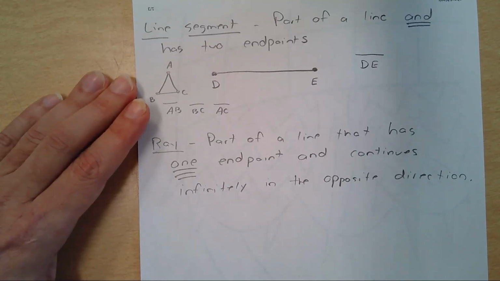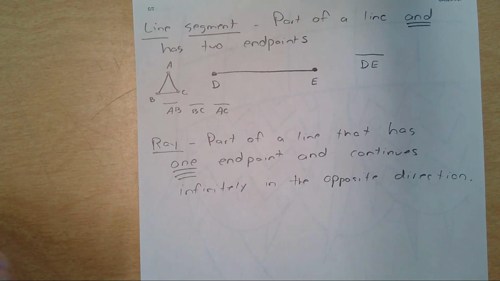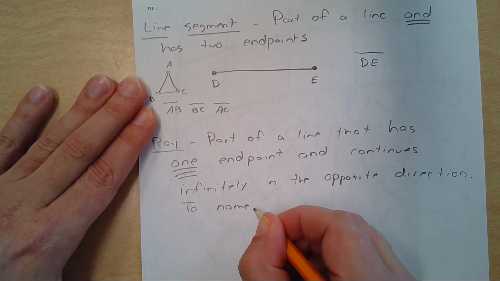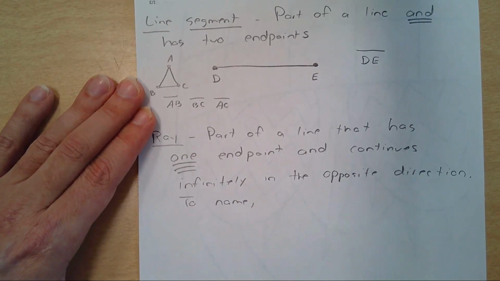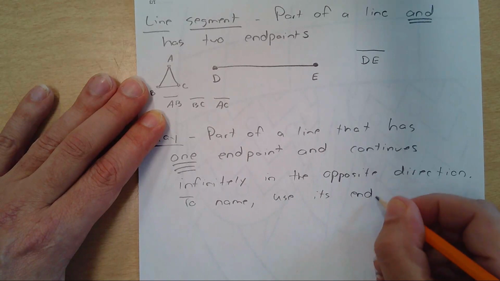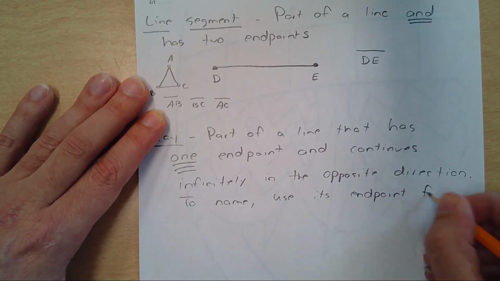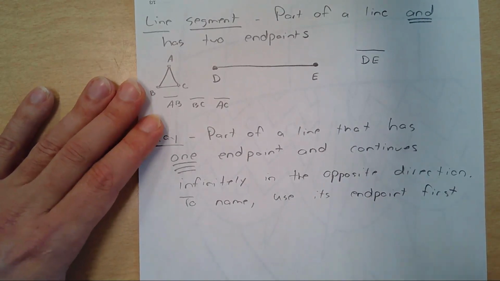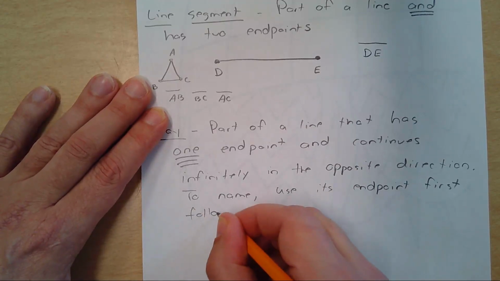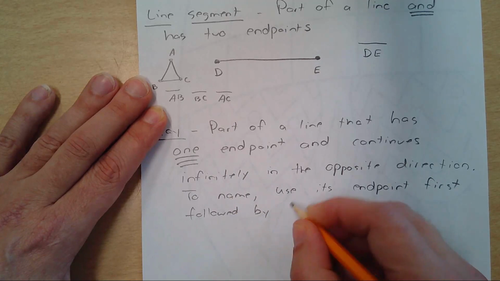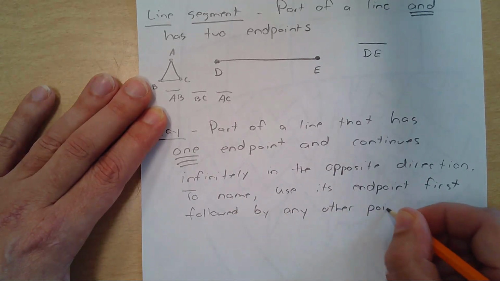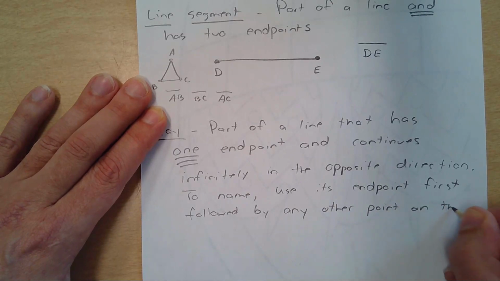And naming it is specific. So to name it, use its endpoint first, followed by any other point on the ray.